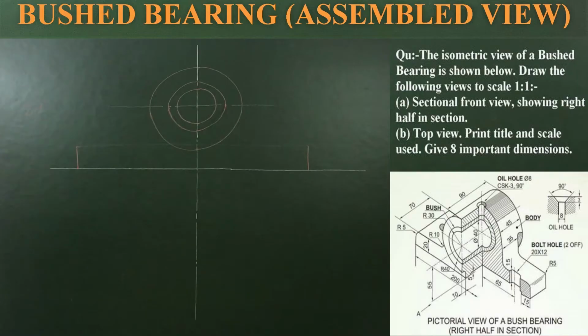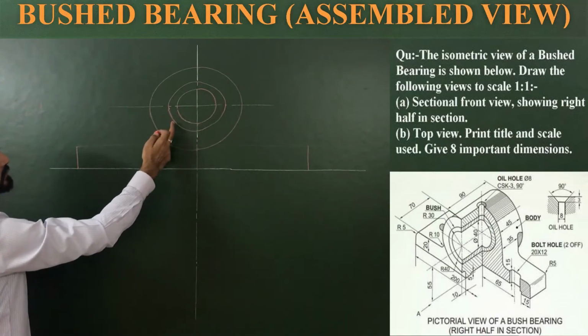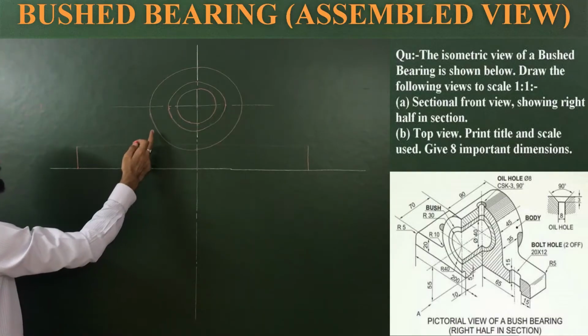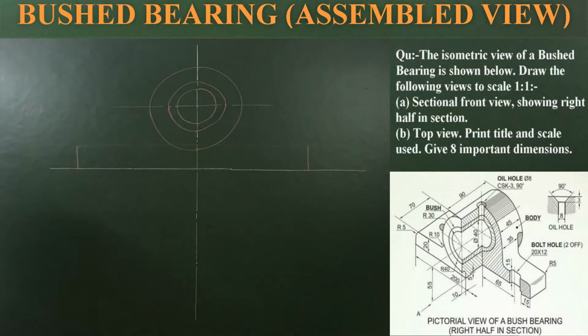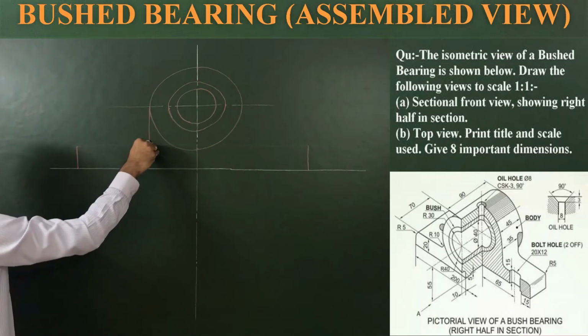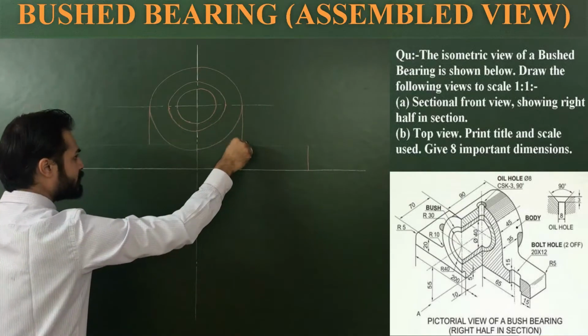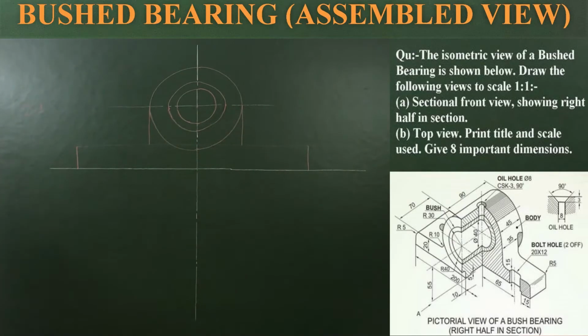So please draw 3 concentric circles: first of radius 20, second of radius 30, third of radius 40. Now after doing this, from this point draw a vertical line up to the base. Again from this point draw a vertical line up to the base.